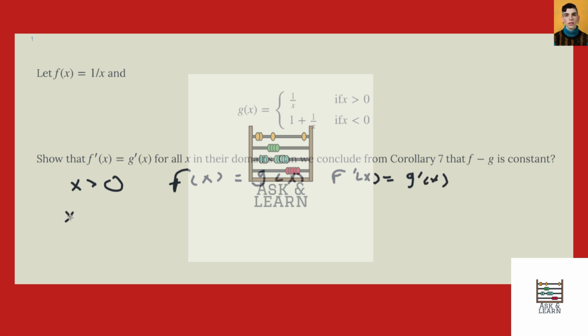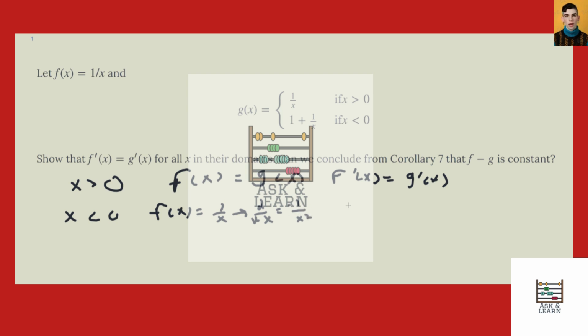For x less than 0, we know that f of x is 1 over x, and its derivative, d over dx of 1 over x, is negative 1 over x squared.